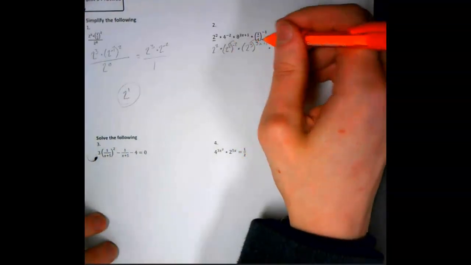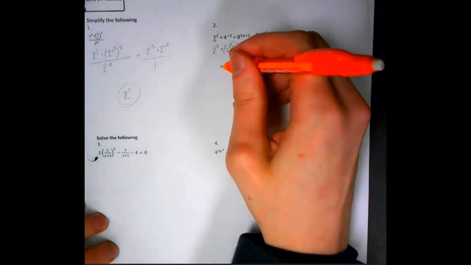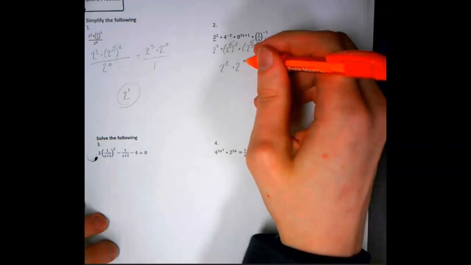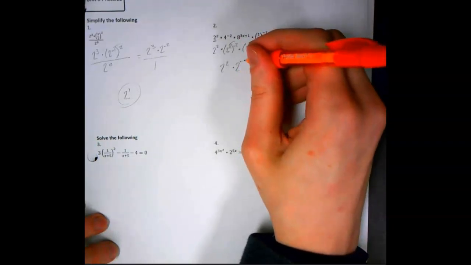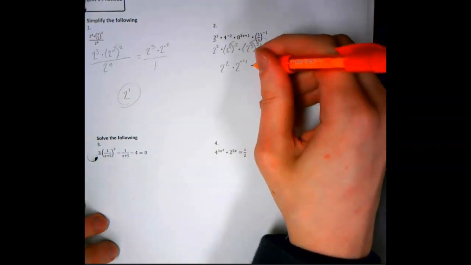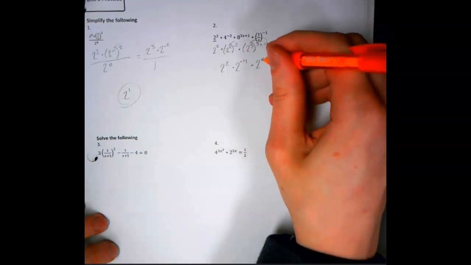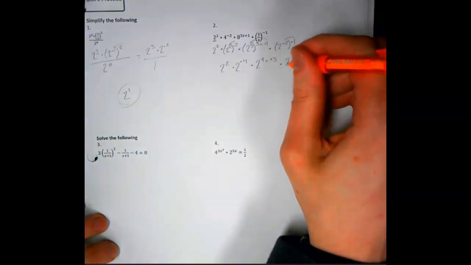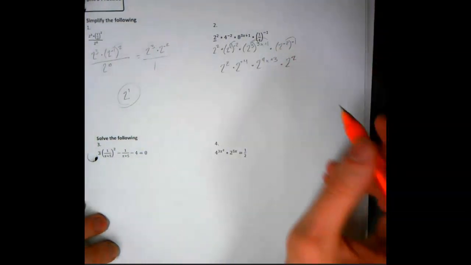Distribute each of these, and you'll have 2 squared times 2 to the negative 4 times 2 to the 9x plus 3 times 2 squared.